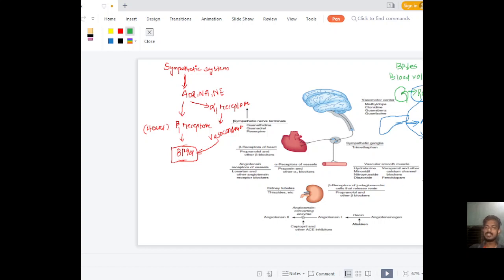Now this angiotensin 2 that is synthesized has three major roles. First, it causes cardiac remodeling. Second, it causes vasoconstriction.